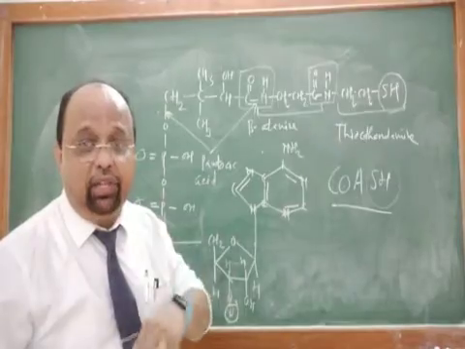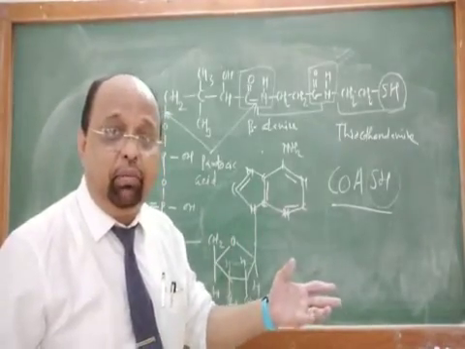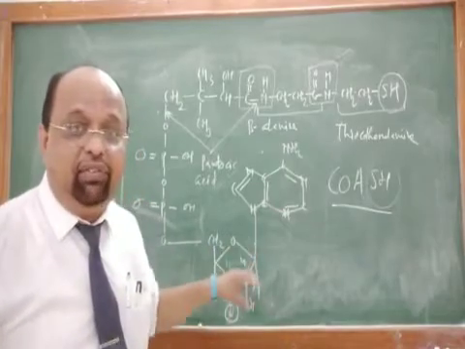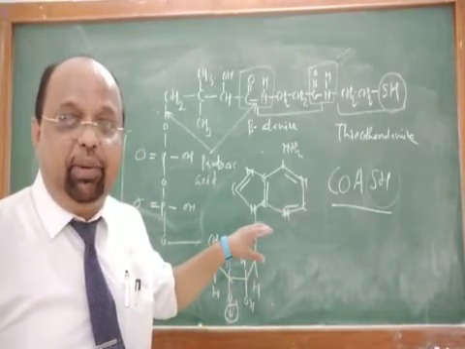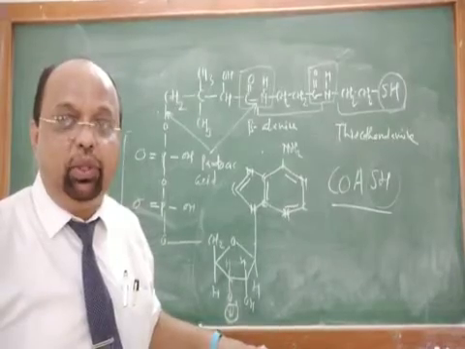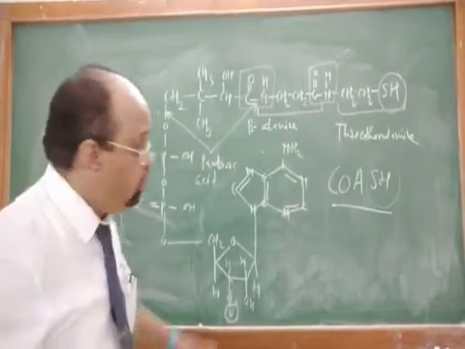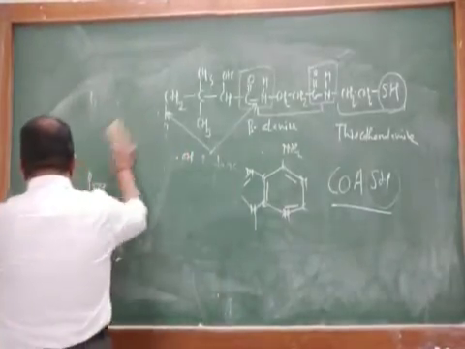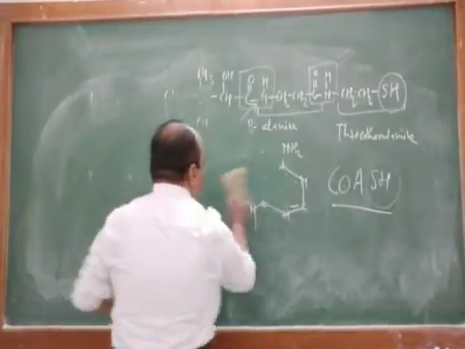In case of niacin, it is NAD. But pantothenic acid itself can participate in the enzymatic reaction in the form called coenzyme A or COASH. This is regarding the chemistry of this vitamin.